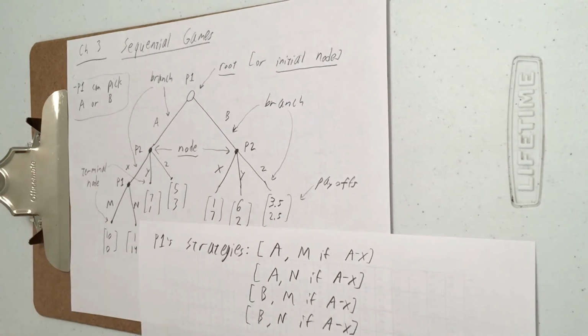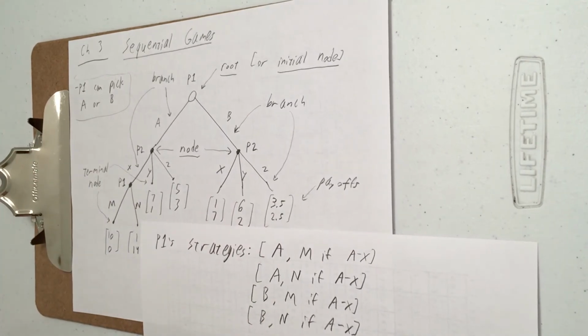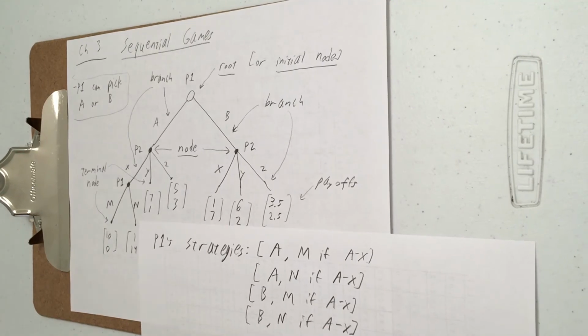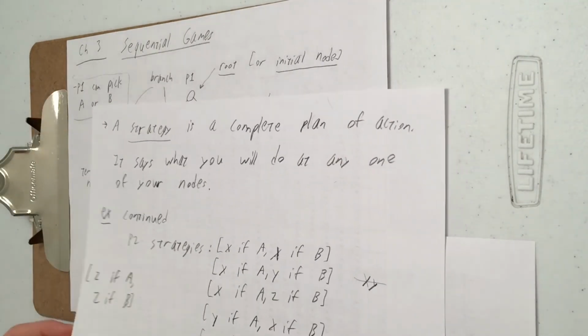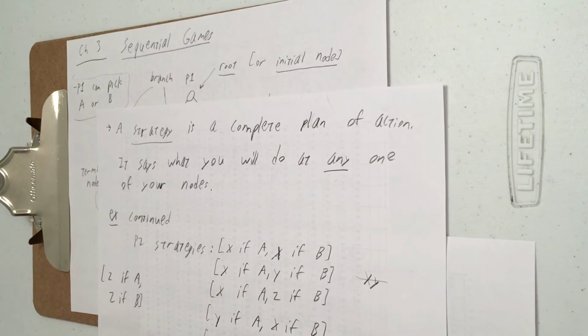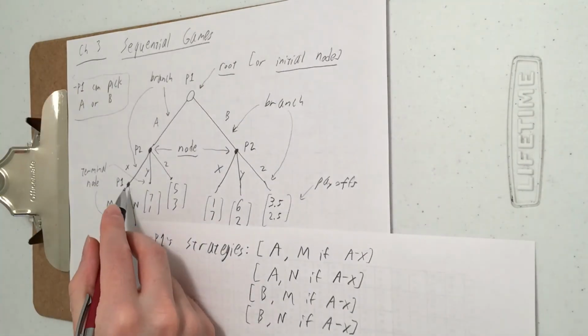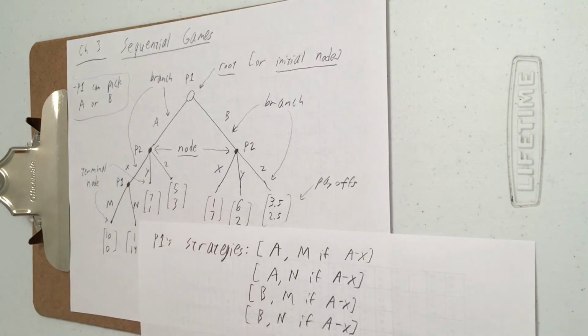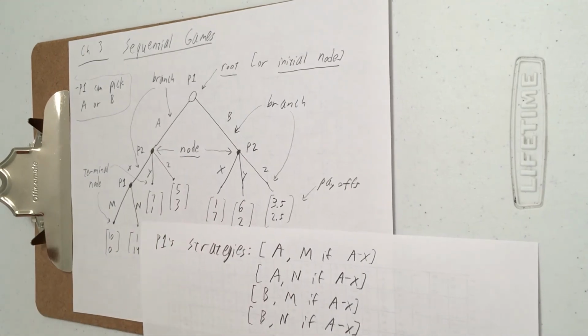So is that a mistake? The answer is no, that is not a mistake. The definition of a strategy is that it says what you do at any one of your nodes. So this is one of our nodes, so I still have to say what I would do if I got there.